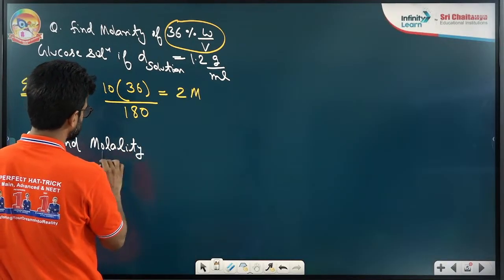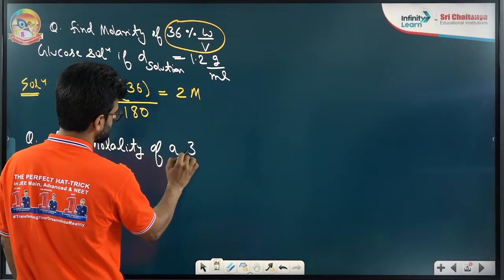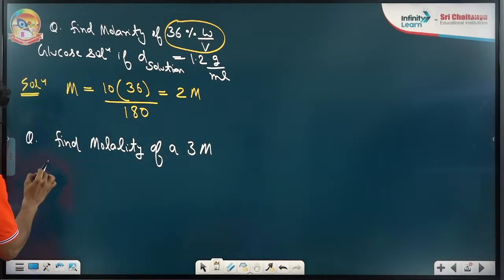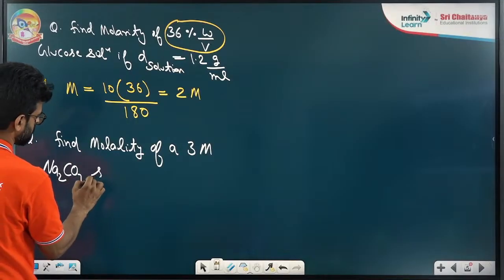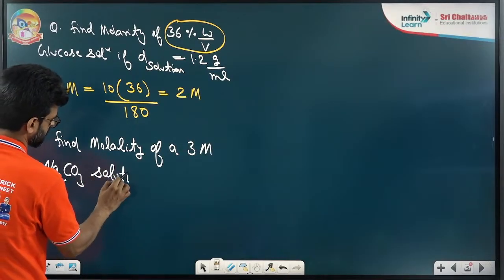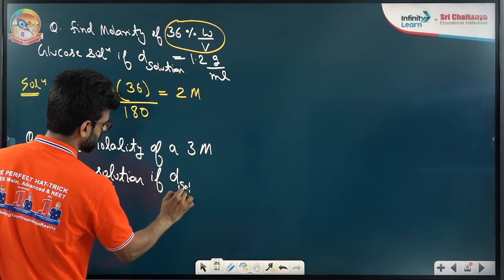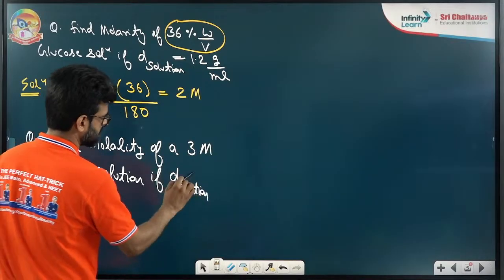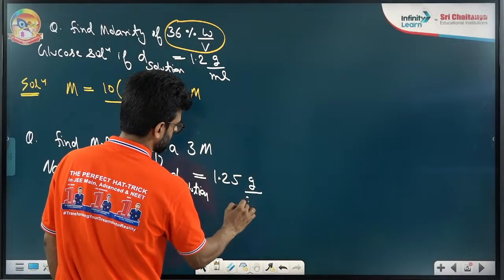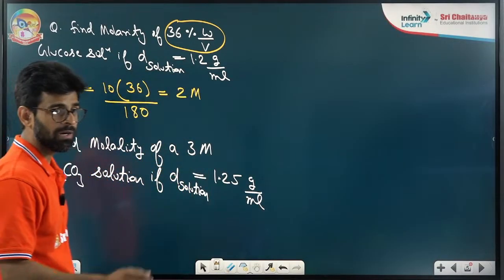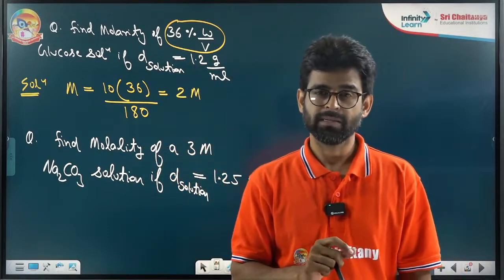Find the molality of a 3 molar Na2CO3 solution if the density of the solution is given as 1.25 gram per ml. Now this question is relating the molarity and molality.